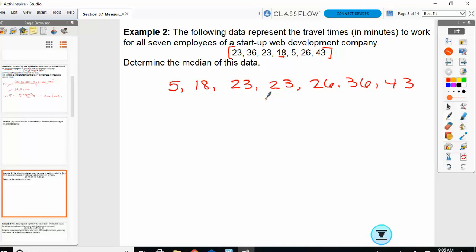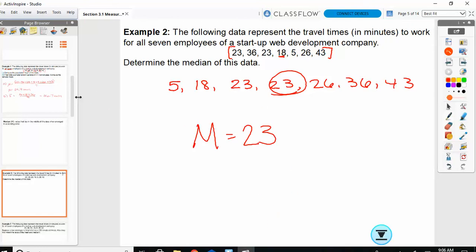All right, which one's in the middle? 23 is the middle, so the median is 23. Is that one okay?